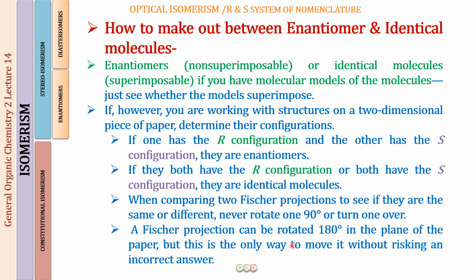A Fisher projection can be rotated an angle of 180 degree in the plane of paper, and this will be the only way to move it without risking an incorrect answer. Okay, so whenever you are checking for the enantiomers and identical molecules in a Fisher projection, rotate the molecule by an angle of 180 degree but in the plane of paper to check whether their structures they are identical or they are going to be enantiomers.